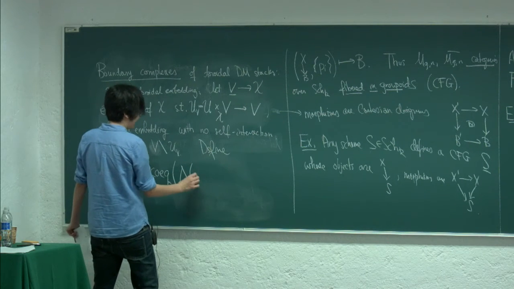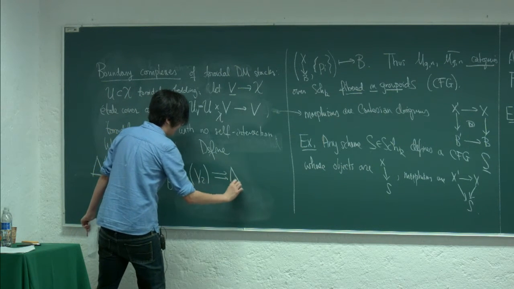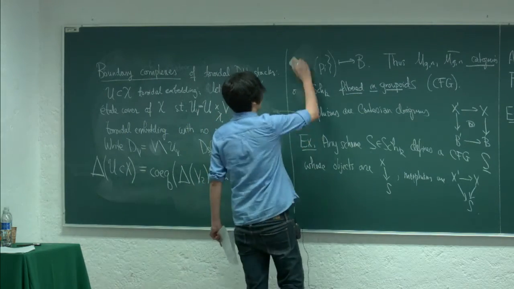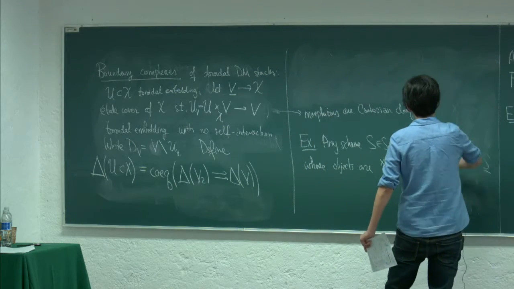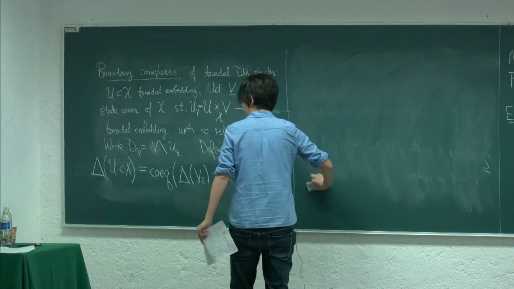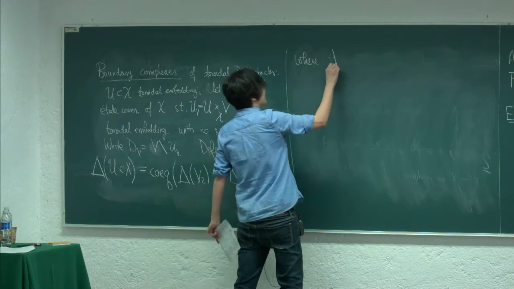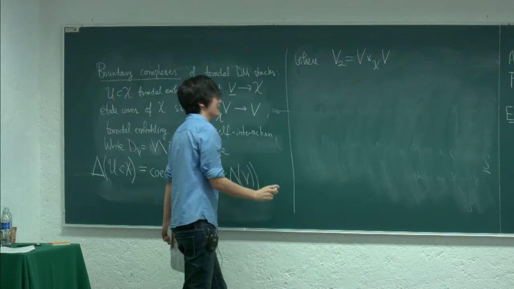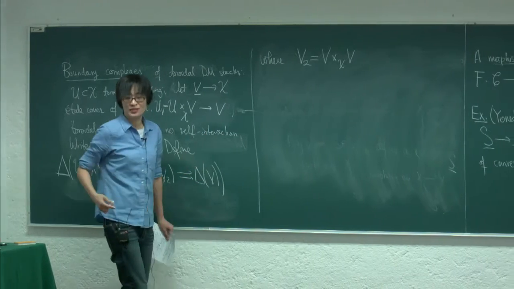So this is the boundary complex of V2 going to the boundary complex of V, where, as before, V2 is the fiber product of V and V over the stack X, but V2 is just a scheme again by property number 1 of Deligne-Mumford stacks.